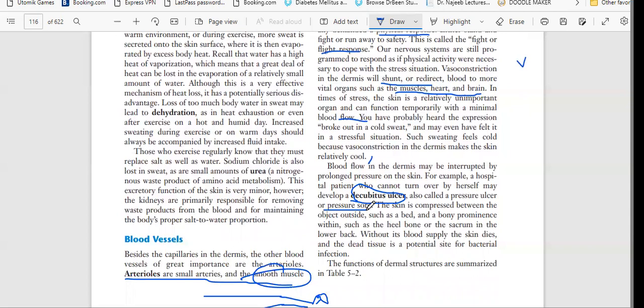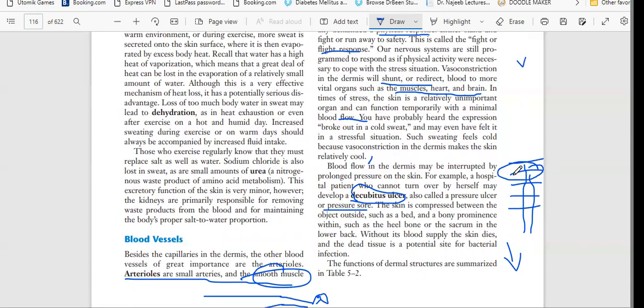Okay, this is the skin: epidermis and dermis, subcutaneous tissue, muscle and bone. If the blood flow to the epidermis decreases, it doesn't get a proper amount of oxygen and vitamins.